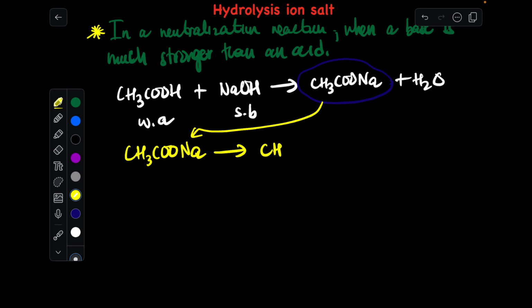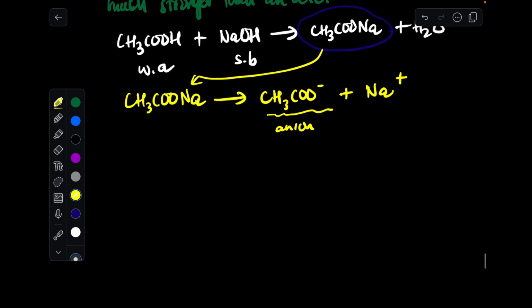You're going to form the CH3COO minus, and then plus the sodium ion. So since this salt is basic, the negative, which is the anion, is the one that is going to hydrolyze, right?